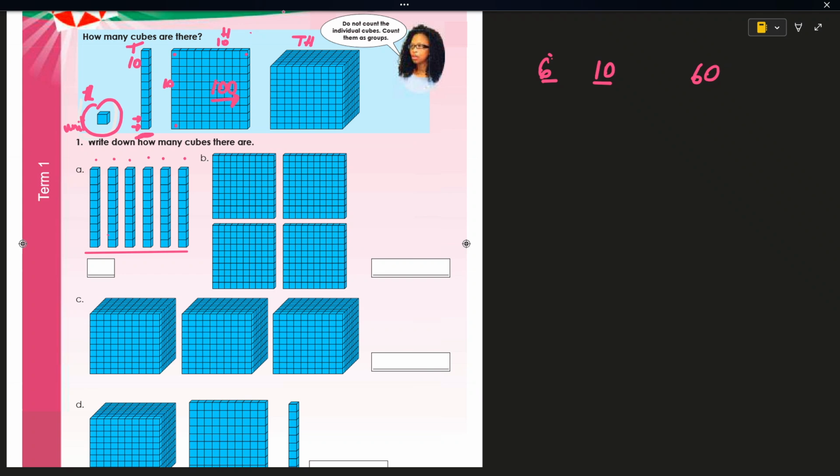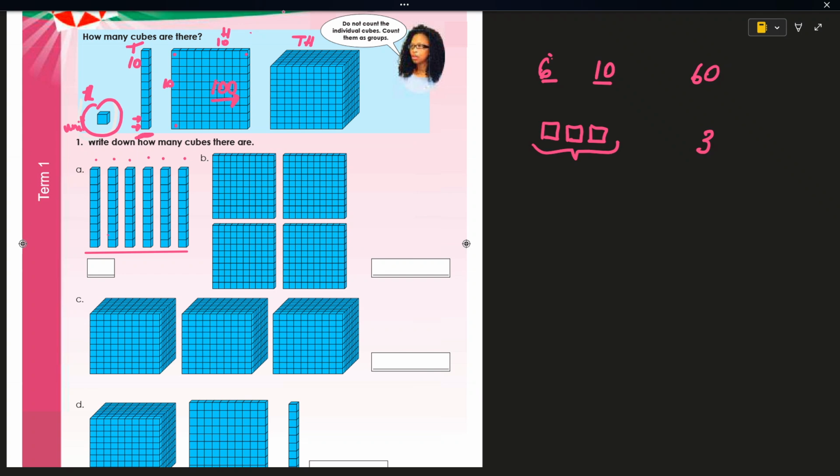Suppose you've got 3 units like this. What is the quantity of all that? It's just 3.